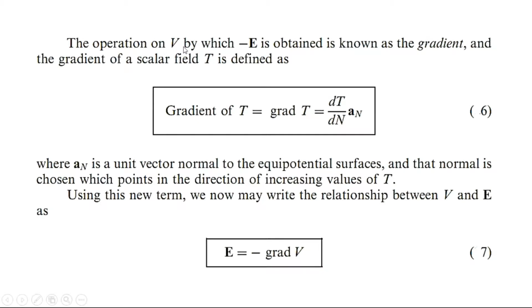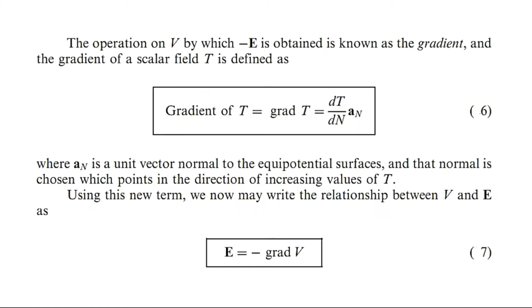The operation on V by which minus E is obtained is known as the gradient. And the gradient of a scalar field T, that is, if we take a general scalar field T, T may be the temperature distribution in a room, or T may be the potential at a point. So the gradient of T is equal to dT by dn into AN.